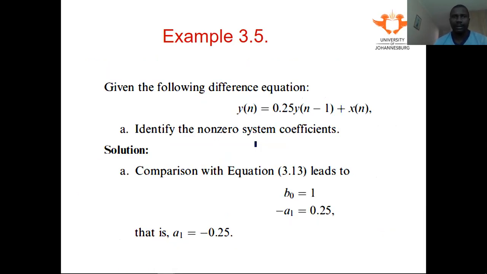As in the first example here, 3.5, hoping that this 3.5 is the same numbering as in your textbook. Here you are given a difference equation. We have y as an output, which is also becoming an input, and x of n.